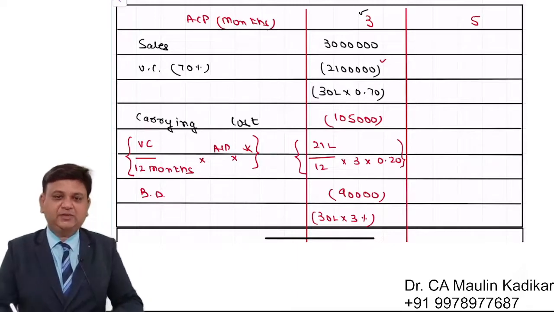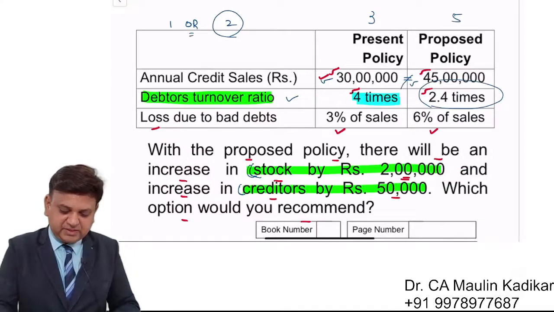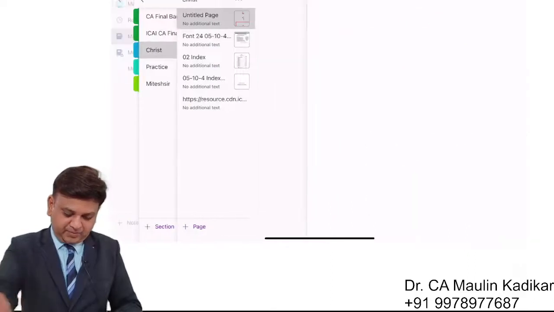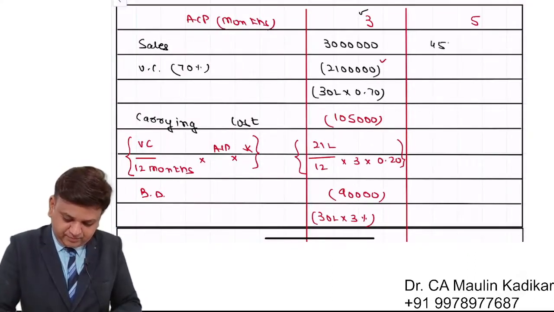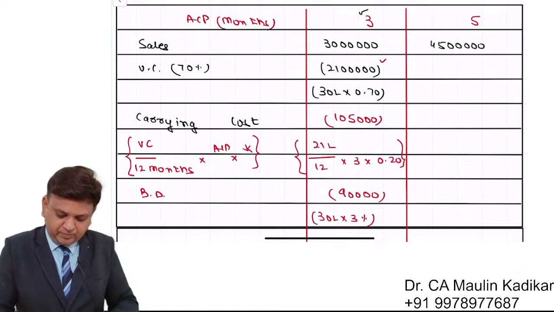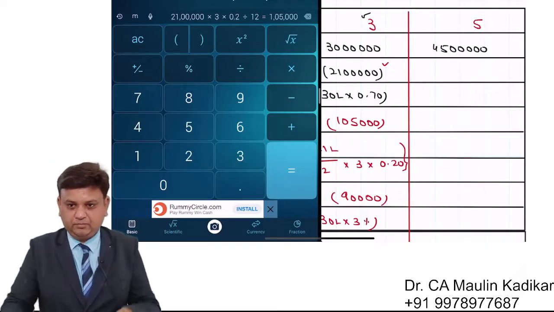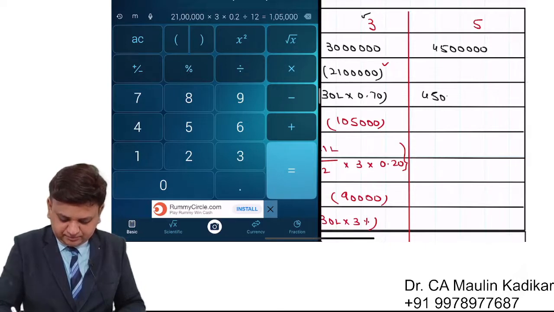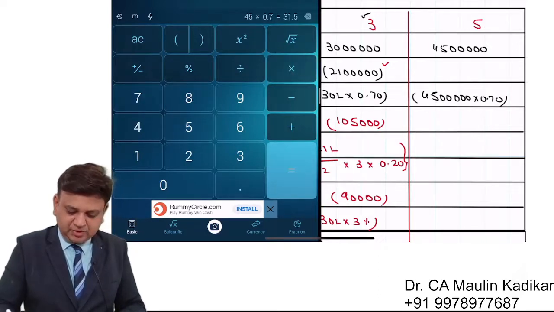Now let us have a discussion for the 5 months. In case of 5 months, the sales value is given as 45 lakhs. Again, the variable cost is 70% of the revenue, so it is 45 lakhs into 0.7, that comes to 31,50,000.